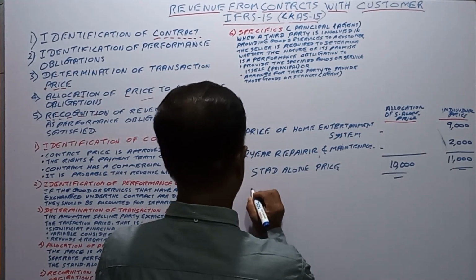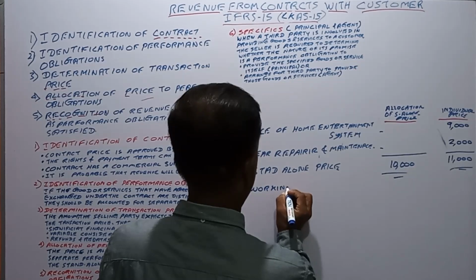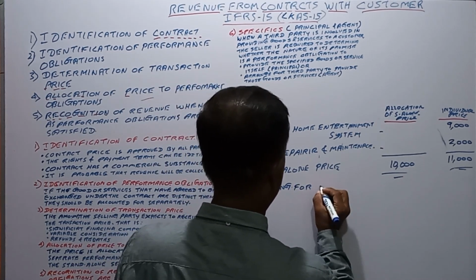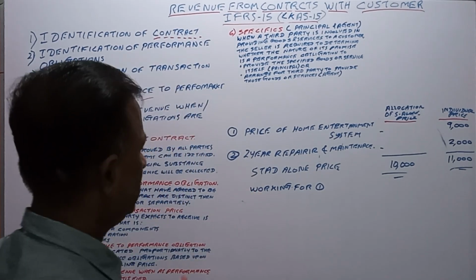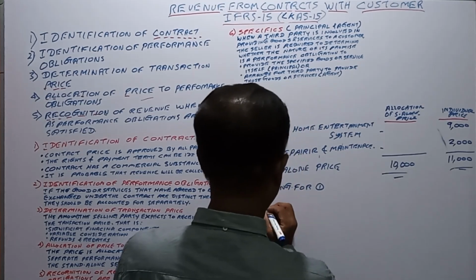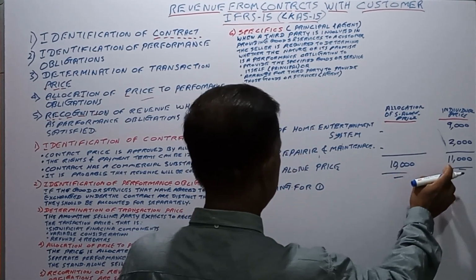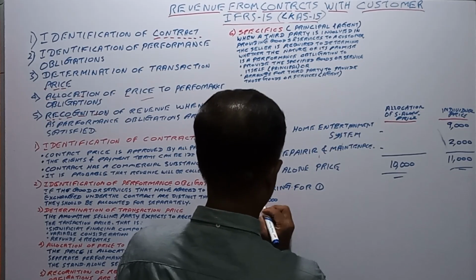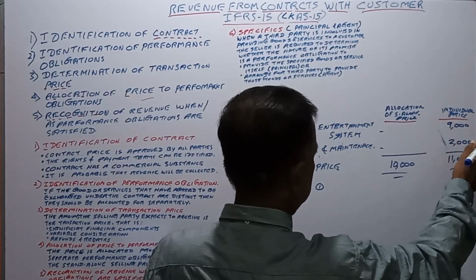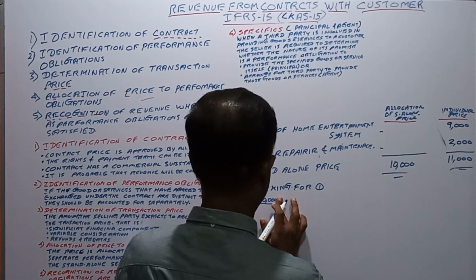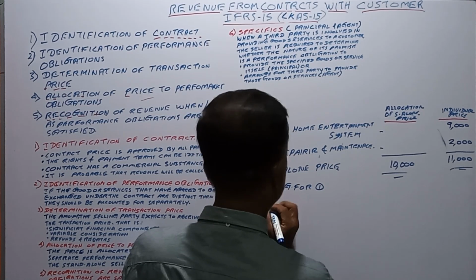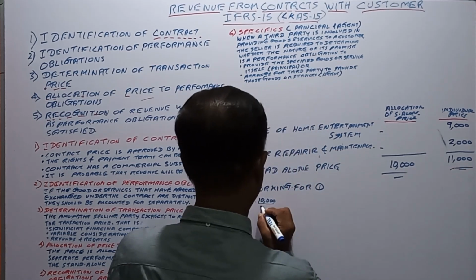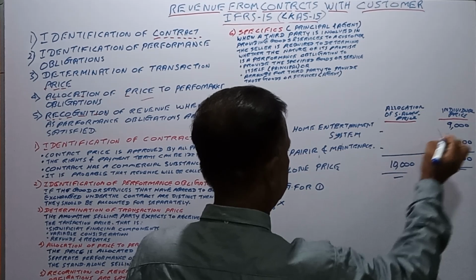Working for number one: the total price is 11,000 and the contract price is 10,000, so 10,000 divided by 11,000 into 9,000.